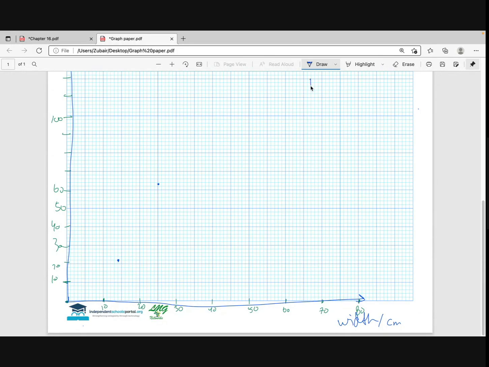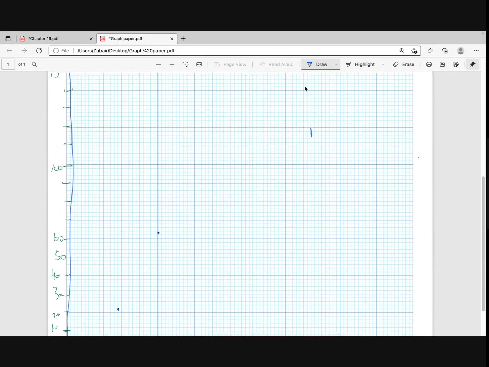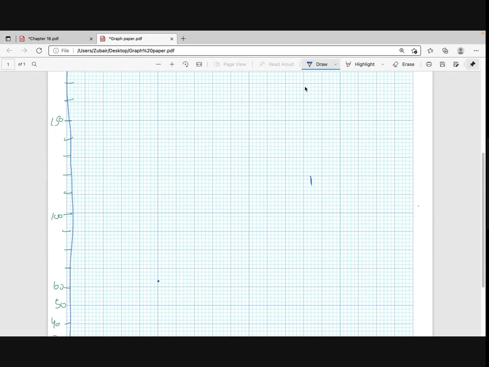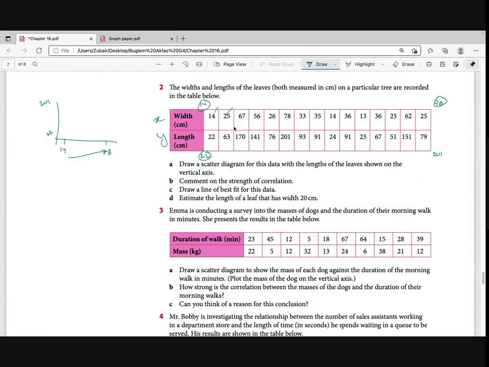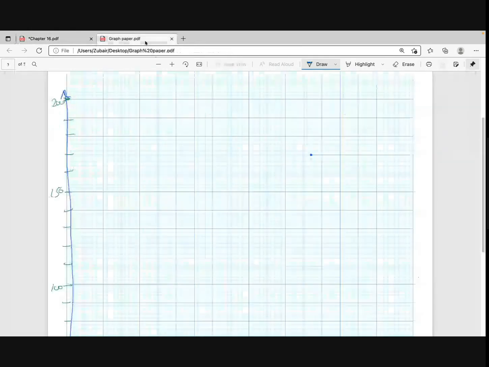And just so I do not miss the track, I'm writing this down with me. So this is 50, 60, 70. That would be much easier on paper. 56, 141.